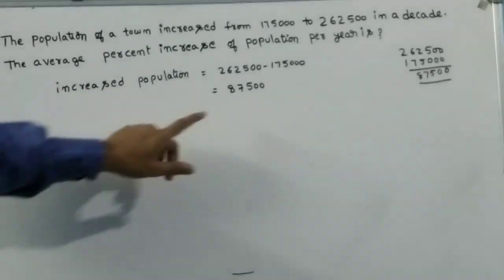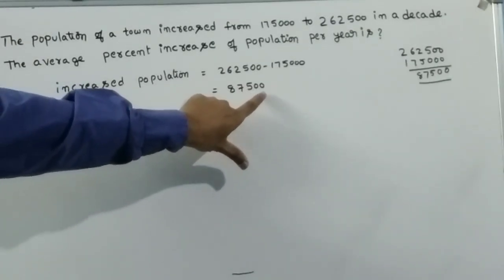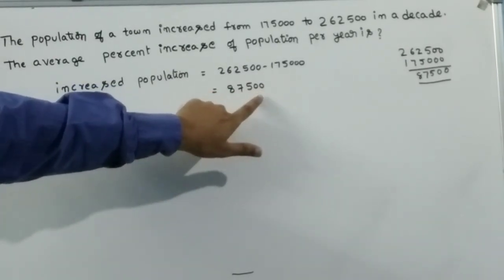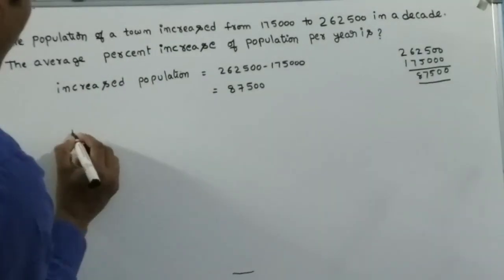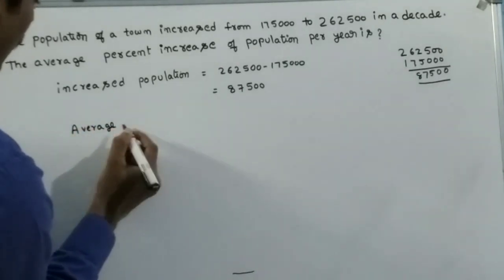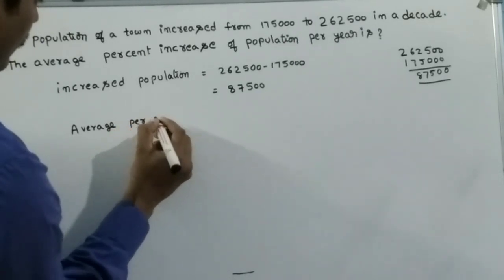See friends, 87,500 increased in 10 years. Then what is the average increase per year? This is for 10 years, then average per year.